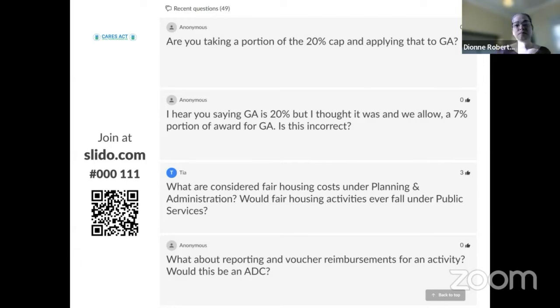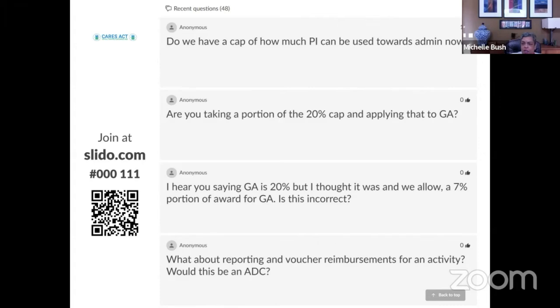Great. Okay, I hear you saying GA is 20%, but I thought we allow a 7% portion of award for GA. Is this incorrect? Yes, that is incorrect. Planning and general administration combined has a 20% cap.